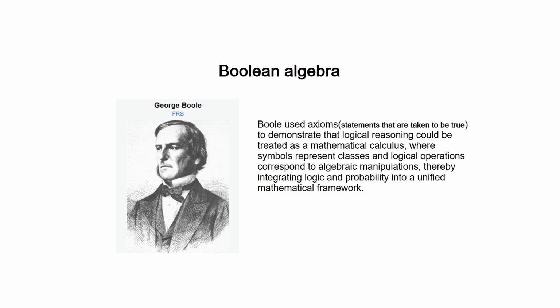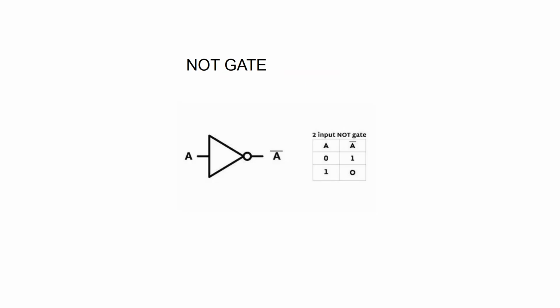As we said, these logic gates can now be represented in something that we call a truth table. From here going on, we're gonna use these signs to represent these gates. This symbol is going to represent a NOT gate, or an inverter.